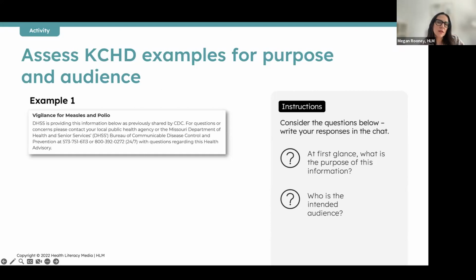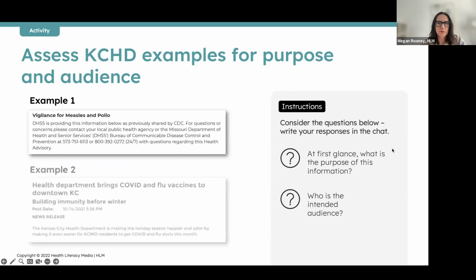Do you feel like the purpose is clear? It says not addressing the public. It wouldn't be clear to someone immediately, right? At first glance, it's just, obviously it's about measles and polio, but it's not telling me exactly what I'm going to learn. And it's not telling me if this is for the public or not, which I think someone said.